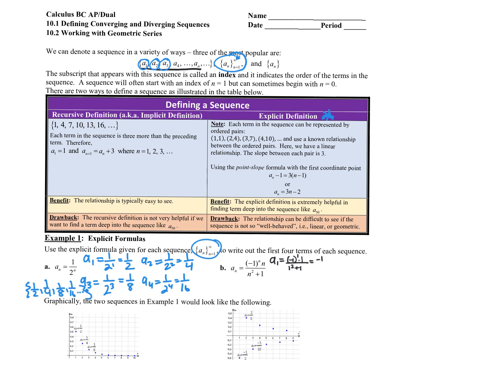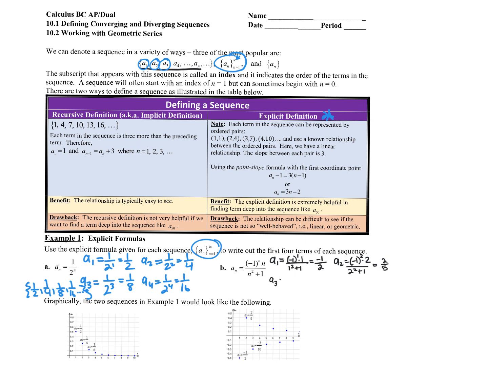So that'll be a -1 in the top. 1 squared plus 1 is 2. So a sub 2 will be -1 squared, so now that's going to become a positive 1 times 2 over 2 squared plus 1. So that'll be a positive 2 over 5.